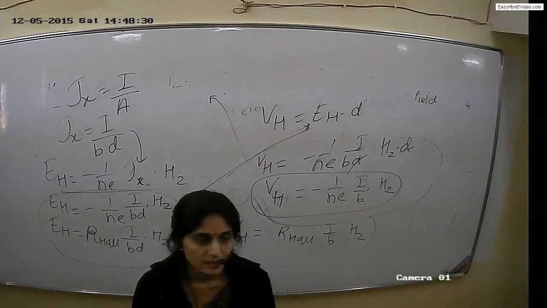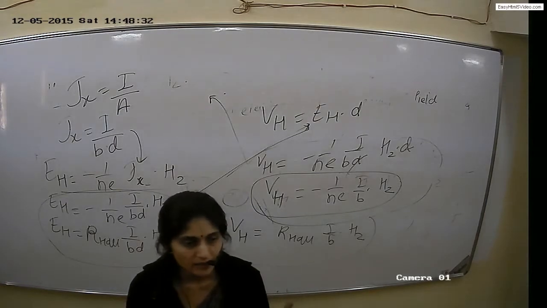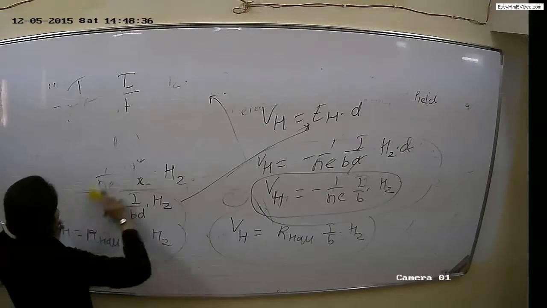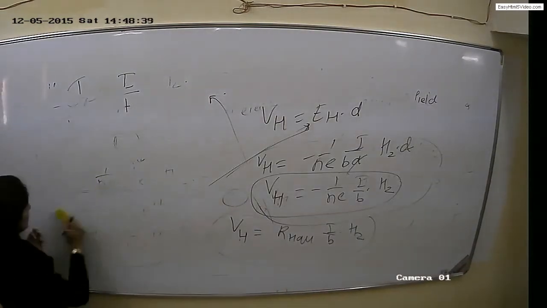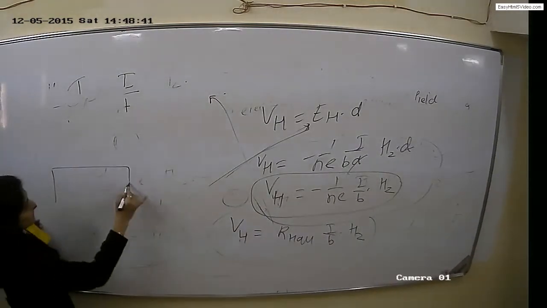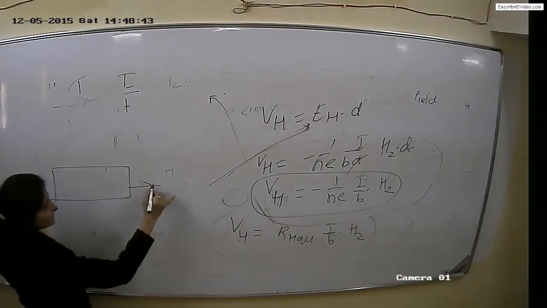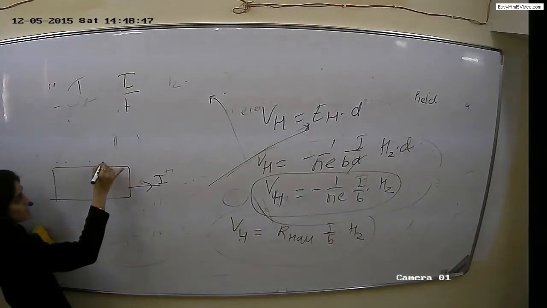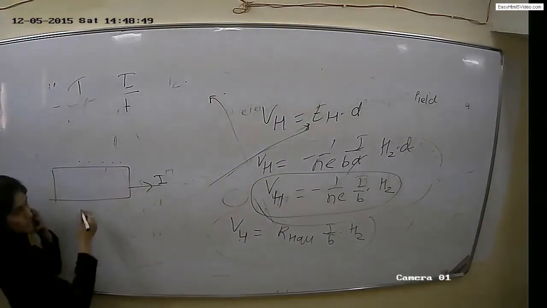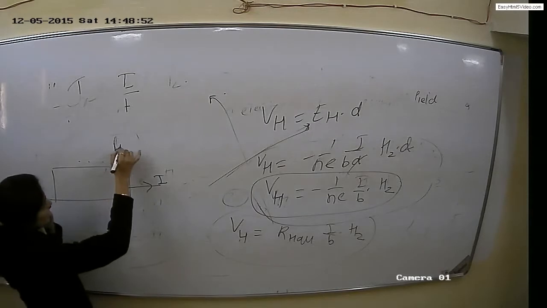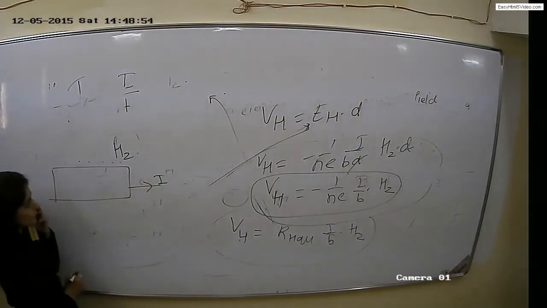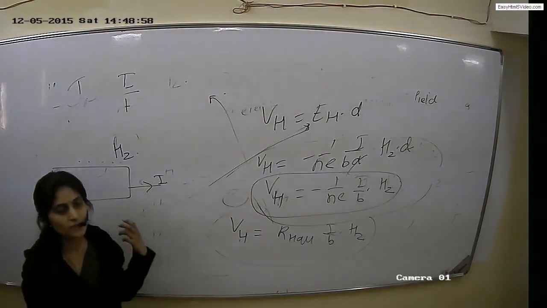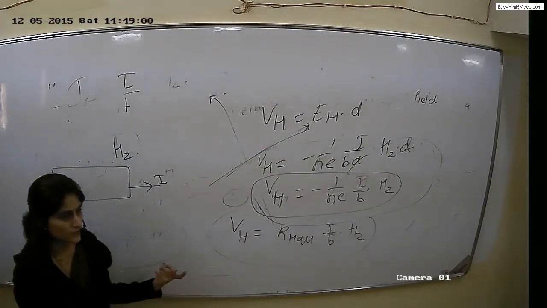What exactly is it? If a current carrying conductor, as in the diagram I made before, for example, this is a conductor, current I flows across this conductor, and we place this conductor in a magnetic field Hz, then we know that in conductors the majority carriers are electrons.